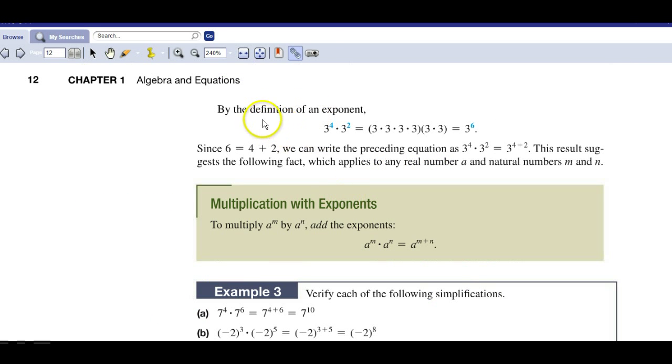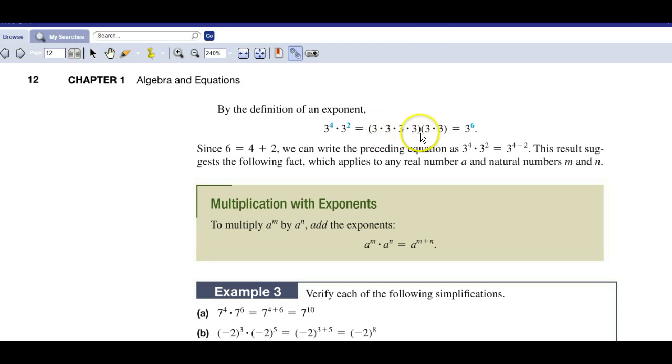Now, as we continue looking at the rules, suppose you run into something like this: 3 to the 4th power times 3 to the 2nd power. Notice your bases are the same. So what does that mean? Well, there are 4 3s and 2 3s.